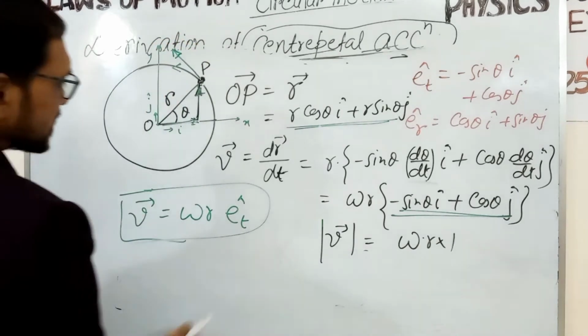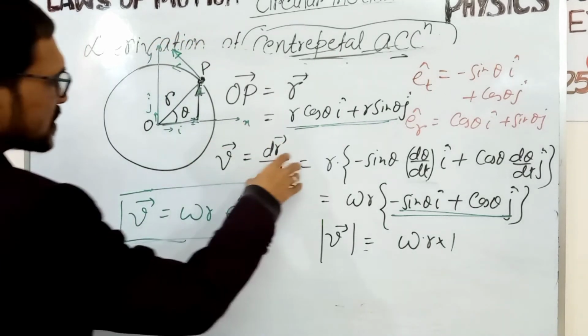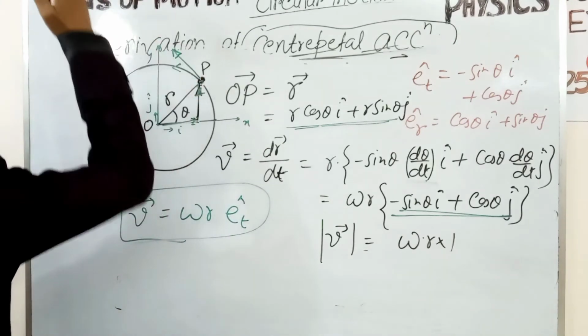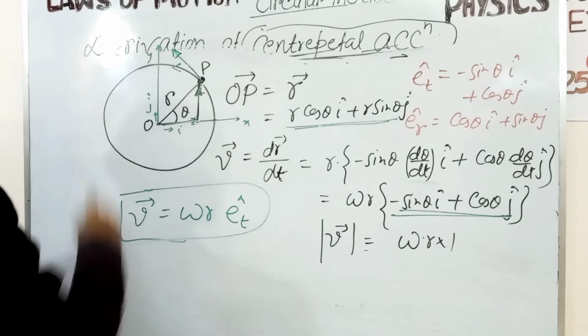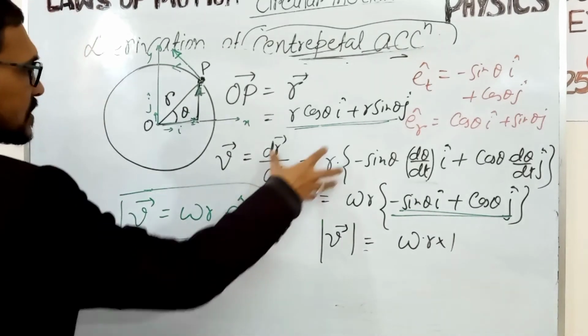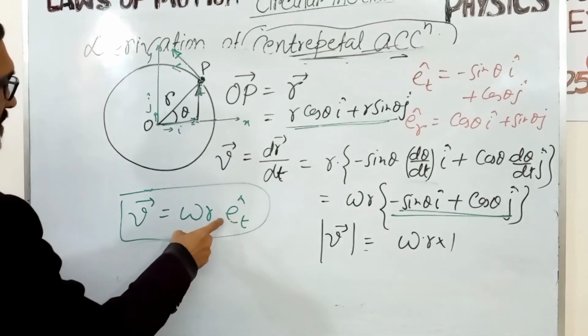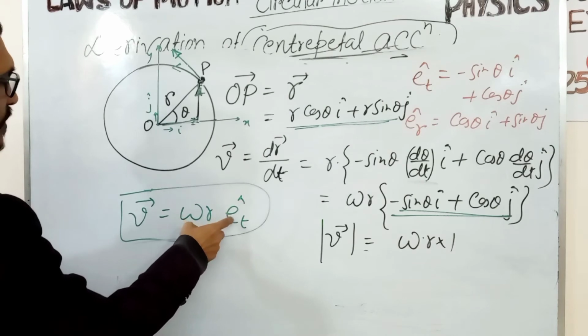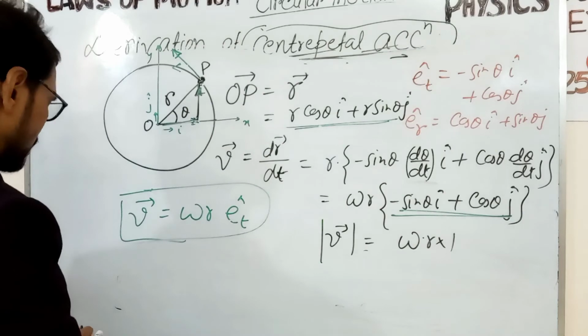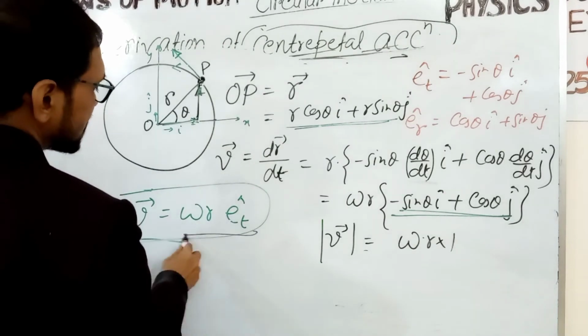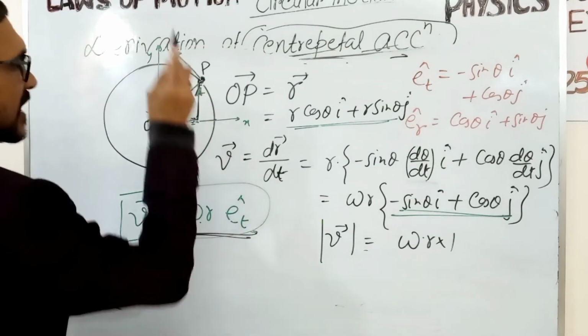When the body rotates in a circular path, what will be the direction of the velocity? We get it by calculation. So velocity will be directed along the tangent. From mathematical calculation, we get both magnitude and direction.